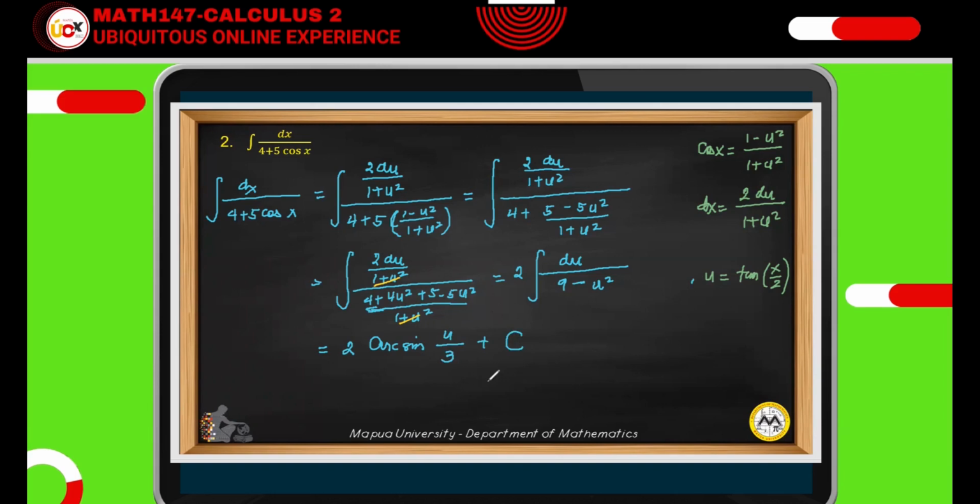And substituting back the original variable, replacing u by tangent of x over 2, will give us the integral equals 2 times arc sine of tangent of x over 2, over 3, plus the constant of integration. So this is the integral of the differential of x over 4 plus 5 cosine of x.